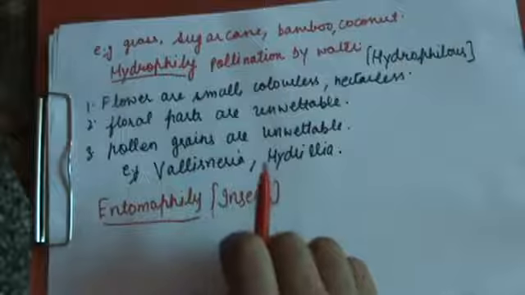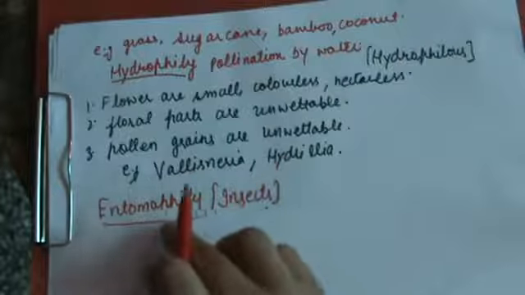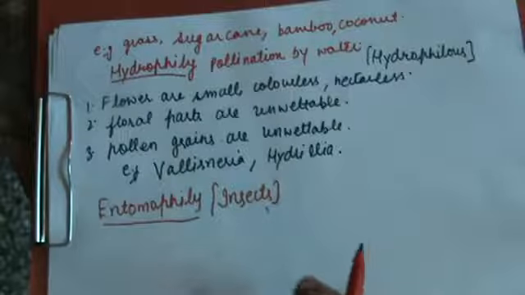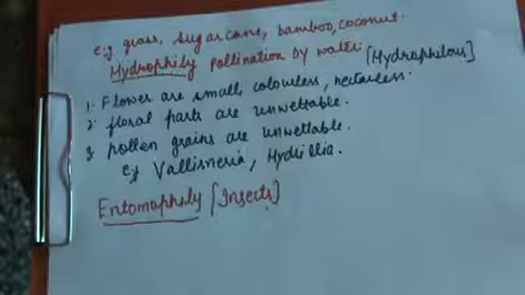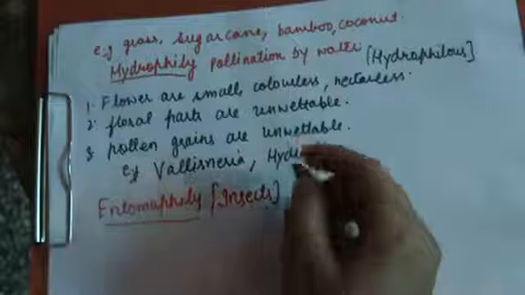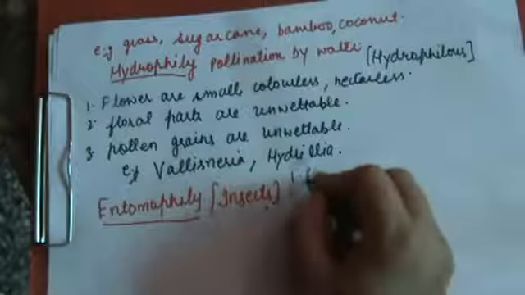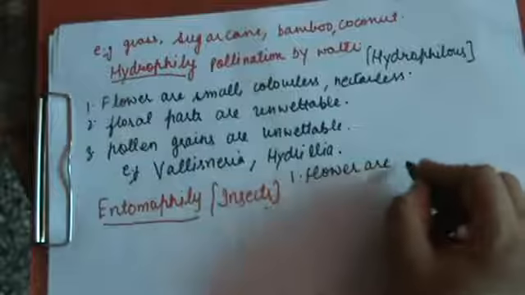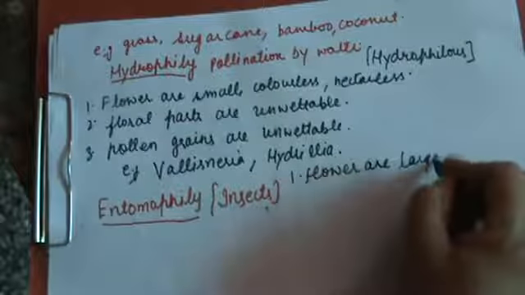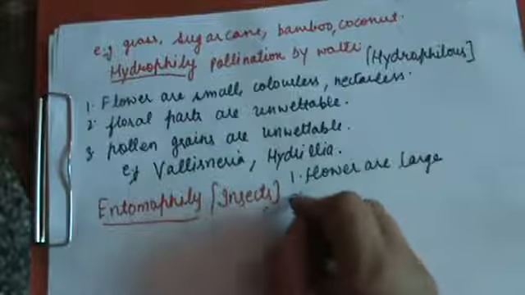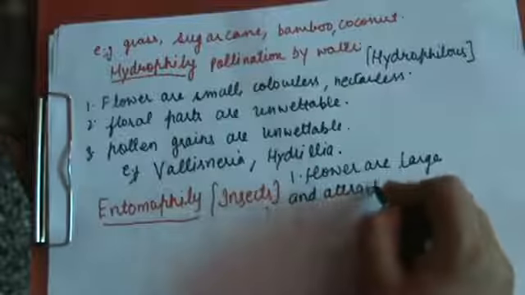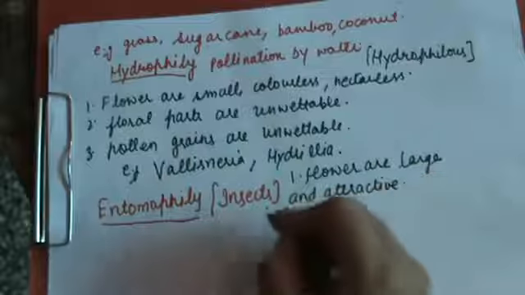Now what are the characteristics of the flowers that are pollinated by insects? Number one, the flowers are usually large. Flowers are large and attractive. If they are attractive, then insects become attracted towards the flowers.